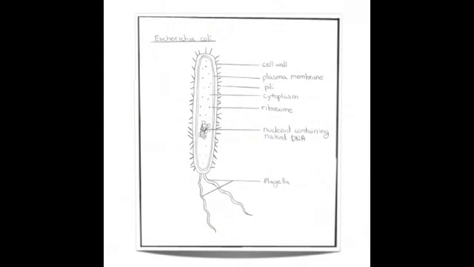As you can see, the picture is a prokaryotic cell, and the cell wall is used to protect the cell from the outside environment and prevent the cell from bursting internally. Plasma membranes are semi-permeable membranes that control the substances moving in and out of the cell, and they contain peripheral proteins.